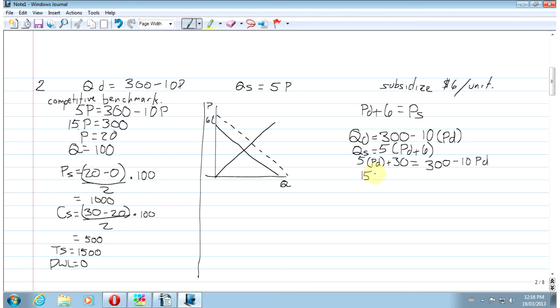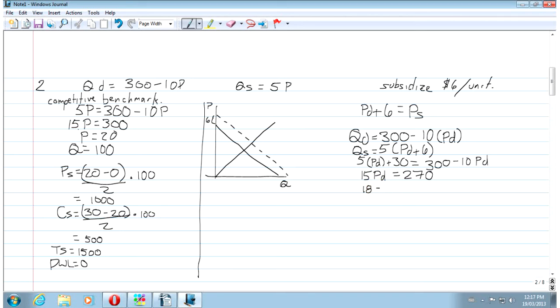So I still have 15 PD equals now 270, and my price is 18.